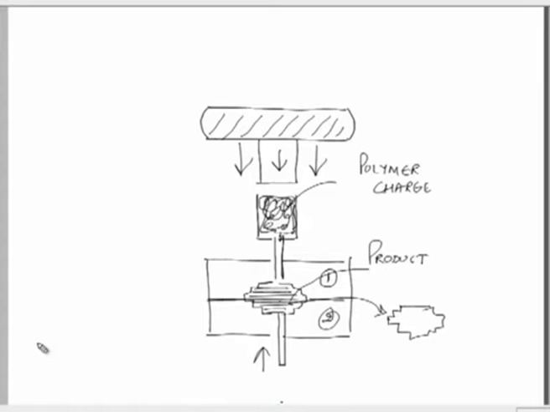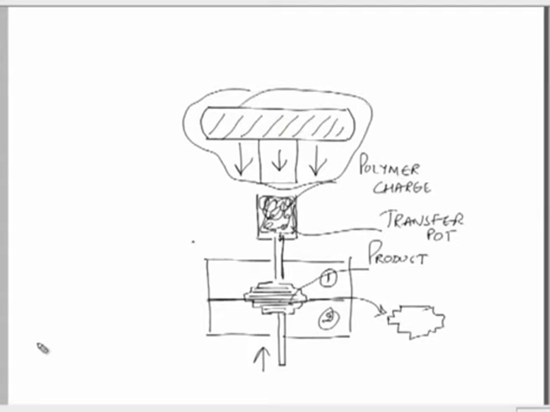So, basically this can be called a transfer pot, where we have kept our charge. So, from this transfer pot, the charge is in the molten state. We are applying the pressure with this mechanism. This is the pressure application mechanism. So, a pressure is acting on this pot, and this can also be covered.